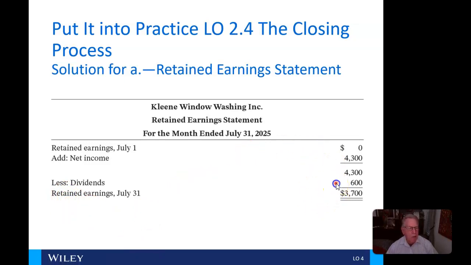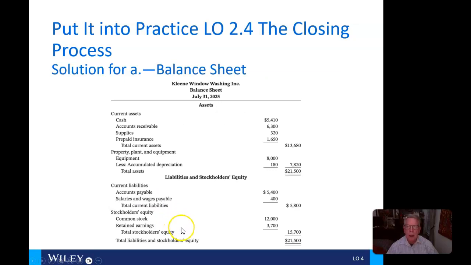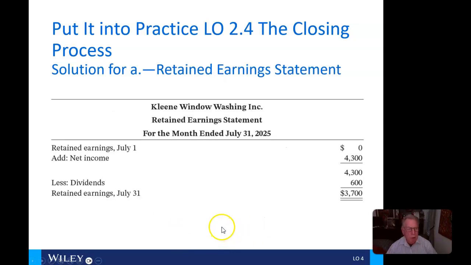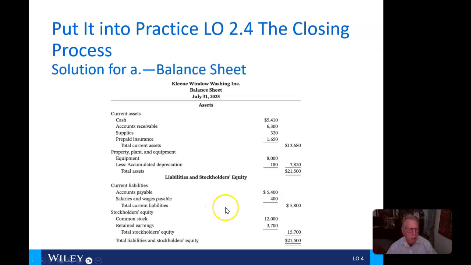We back out our dividends and we get ending retained earnings. Just that easy. And then for the balance sheet, that's everything that we roll over from the adjusted trial balance, with one exception, and that's our retained earnings balance here, which we got from here. The ending balance in retained earnings.